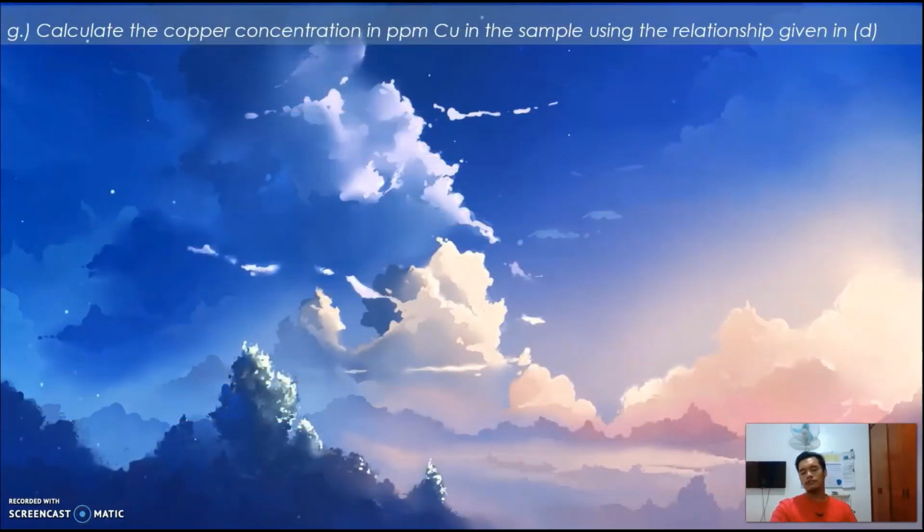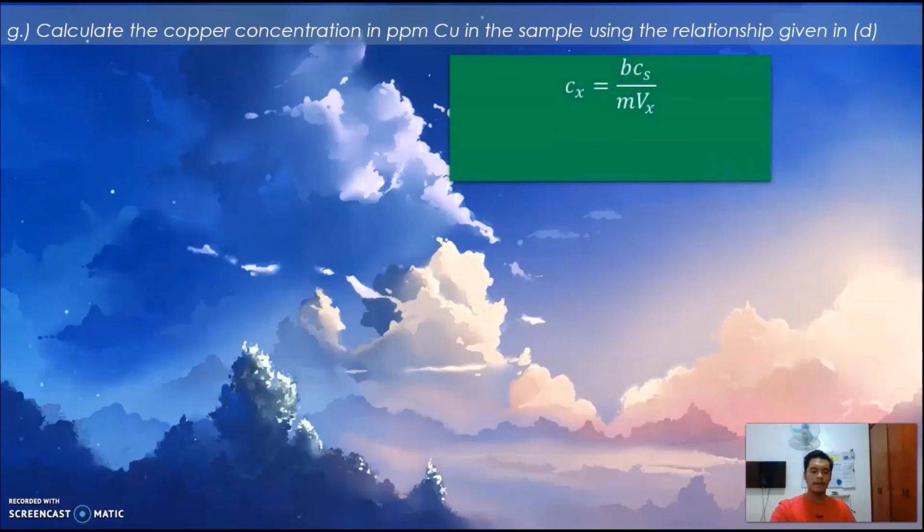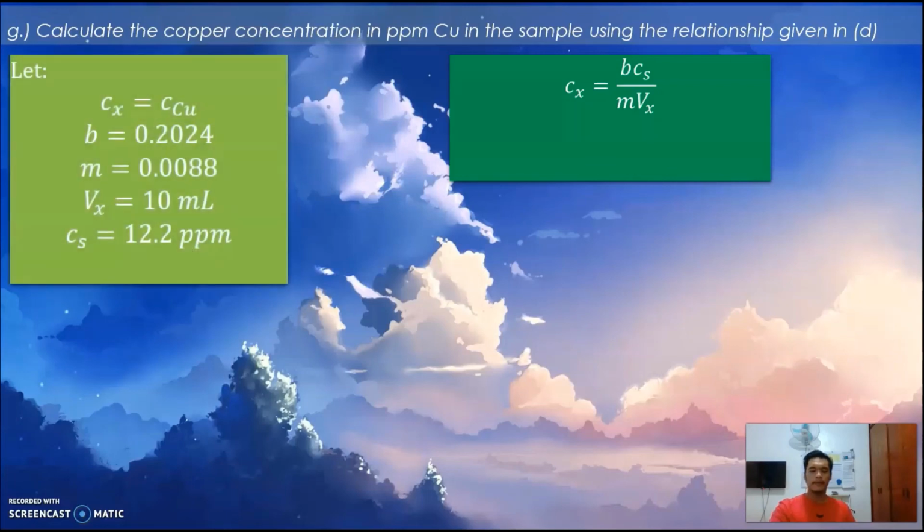G. Lastly, the final question: calculate the copper concentration in parts per million copper in the sample using the relationship given in D. So we have Cx equals B Cs over M Vx. If we let our variable assignment, Cx equal the concentration of copper, the y-intercept we calculated is 0.2024, the slope is 0.0088, the volume of the unknown based on the question is 10 milliliters, and the concentration of the standard is 12.2 parts per million.